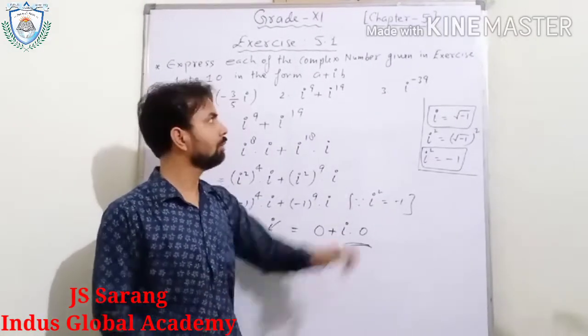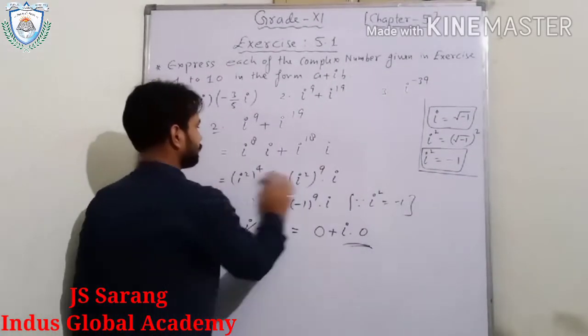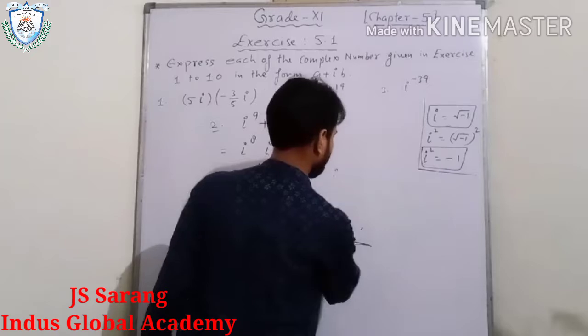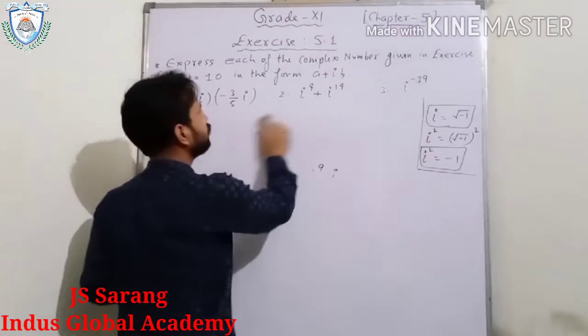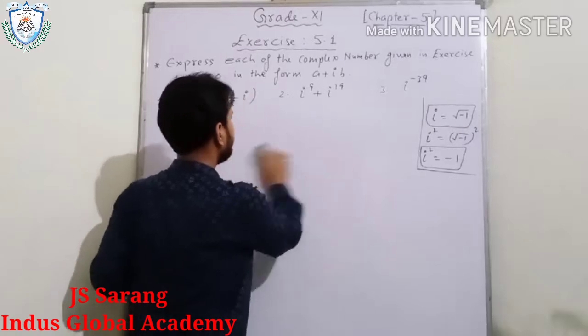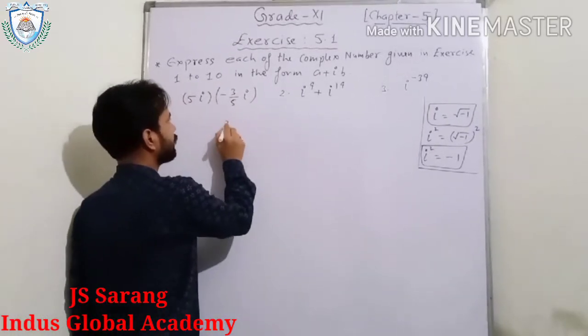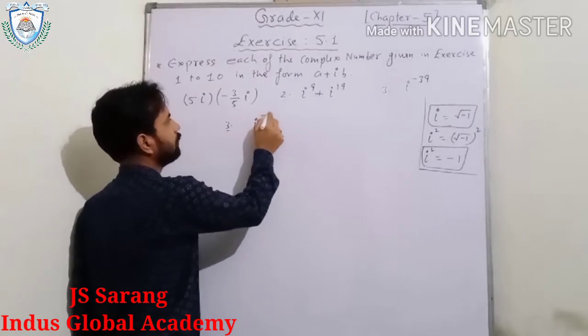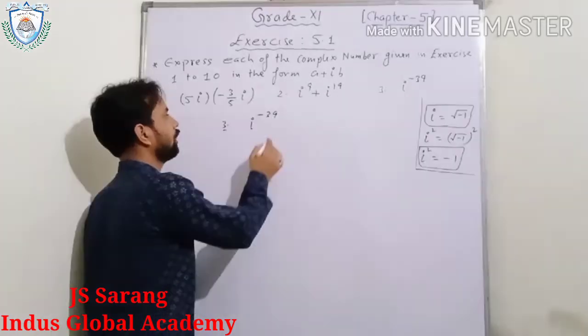How can we solve i to the power minus 39? So see, the third question is we have to express i to the power minus 39 in the form a plus ib. How can we solve it?